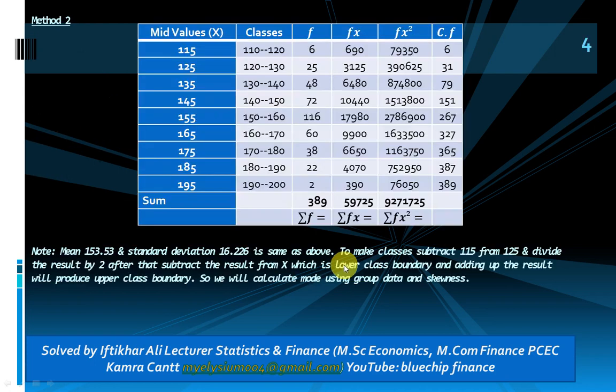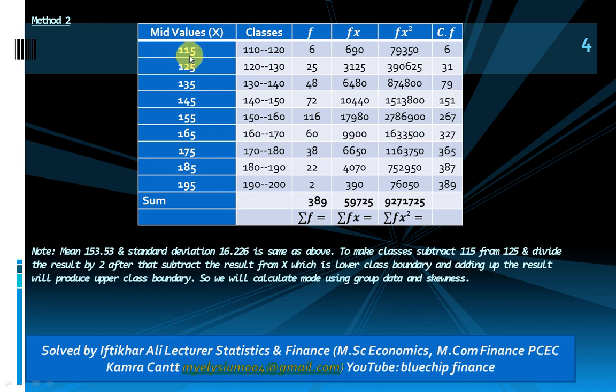Now we have another method. We can calculate class boundaries through these class marks. For doing this, simply note the difference, or we can say h, of these values. So what is h? H is 10, and 10 divided by 2 is equal to 5.